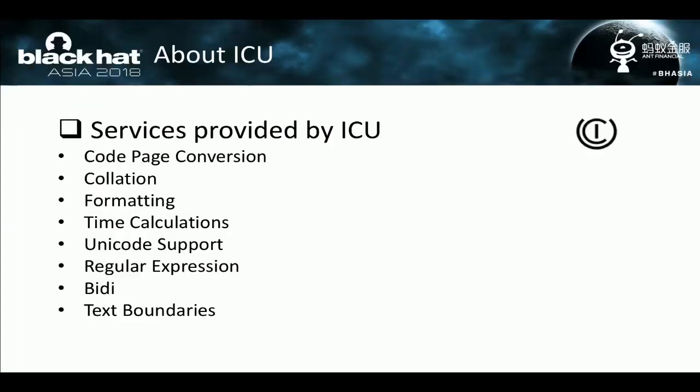The third one is formatting. It's for formatting numbers, dates, times, and currencies according to the conventions of a chosen locale. And there are time calculation, Unicode support, regular expressions, BiDi, and text boundaries services.